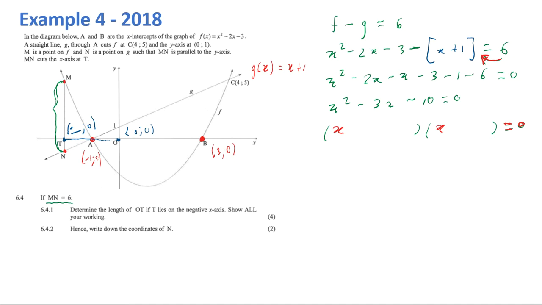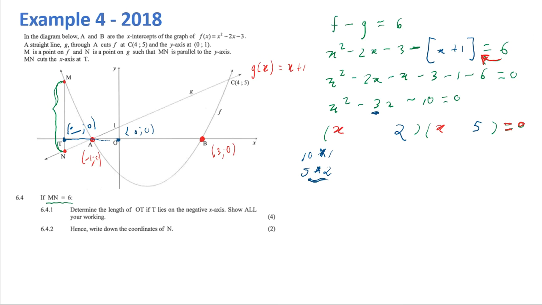Well, the factors of 10 are 10 times 1. That's not going to have anything to do with 3. But something interesting perhaps is 5 and 2. If we fiddle with these two together, we might get 3. So we have a 5 here and a 2 here.